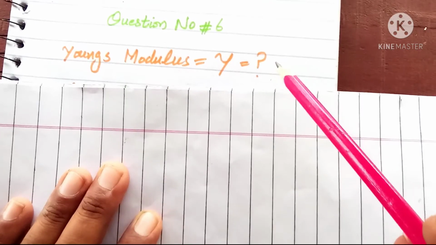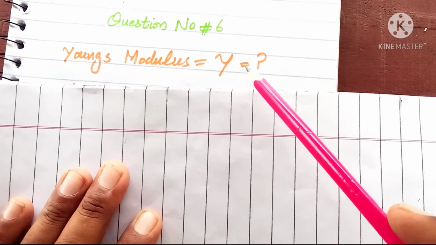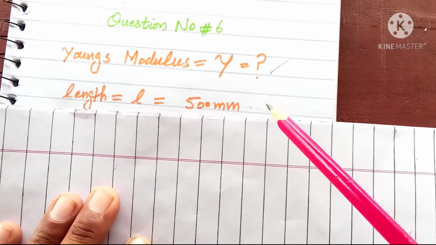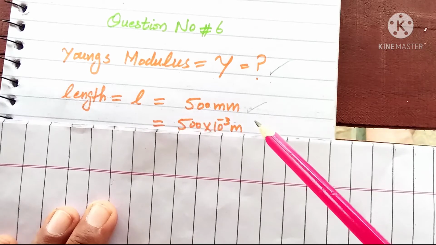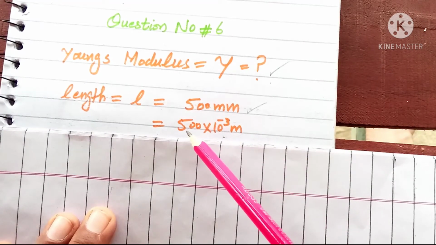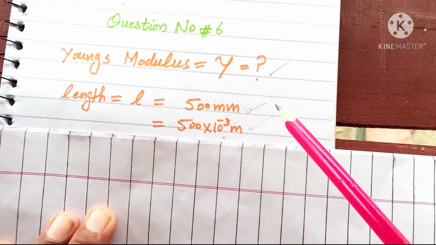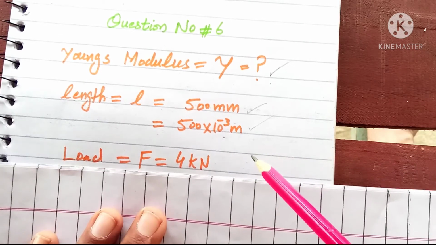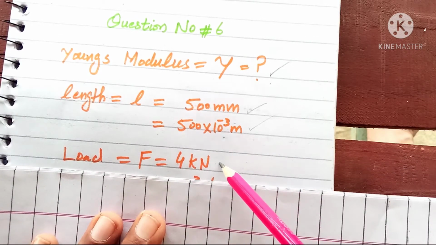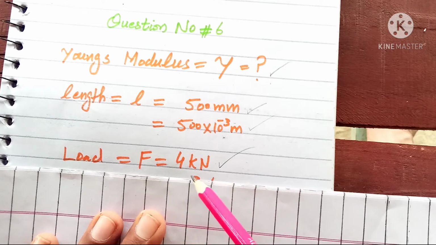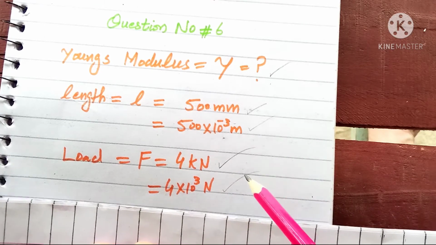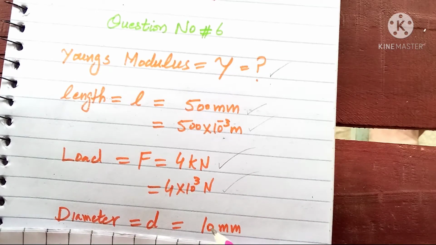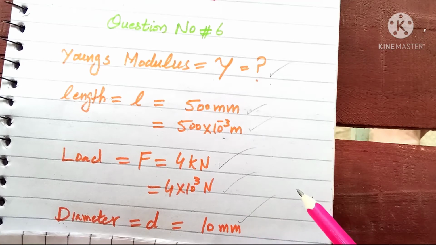In question 6, we have to find the Young's modulus. We are given length 500 millimeter, which is equal to 500 times 10 to the power minus 3 meter, and we are given force of 4 kilonewton, which is 4 times 10 to the power 3 newton, and we also have diameter 10 millimeter.